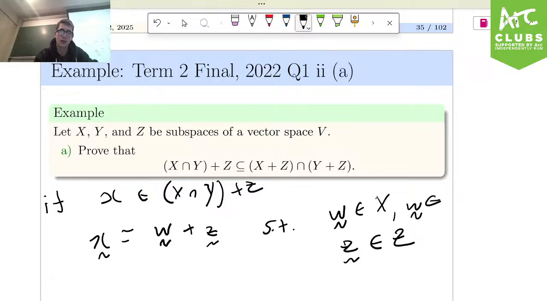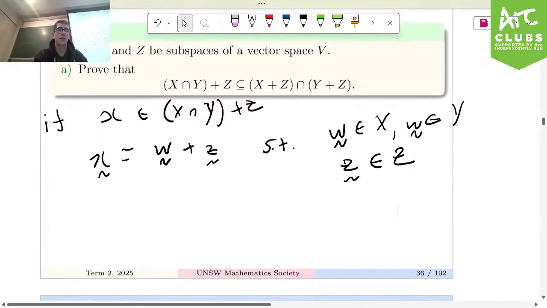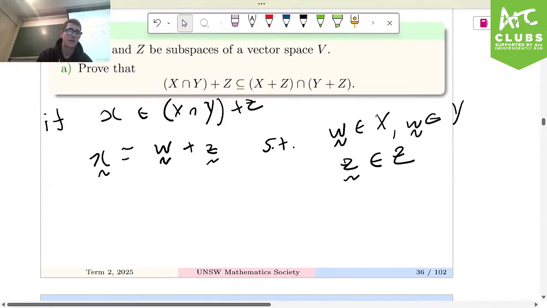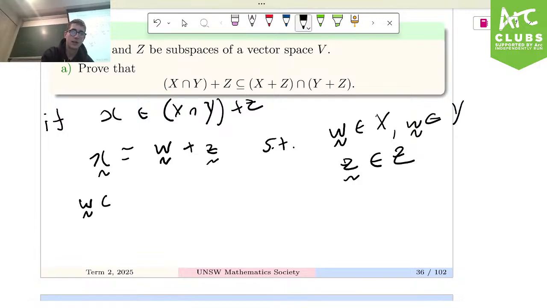And in particular, that means that since w is in X and z is in big Z, the sum of those two has to be in X plus Z, by definition.